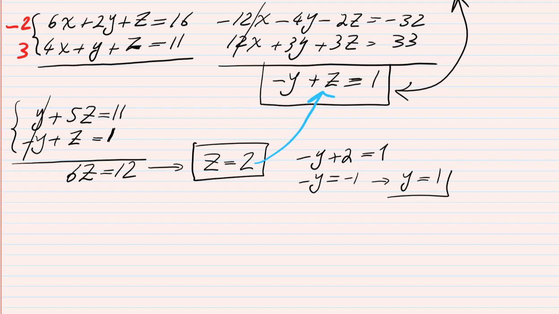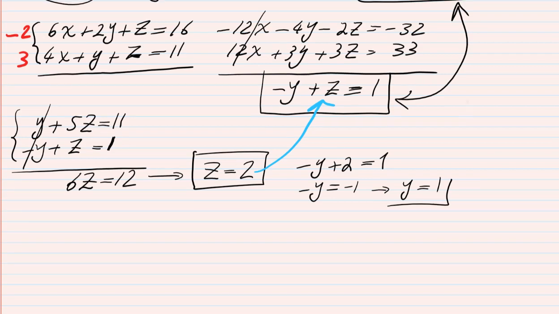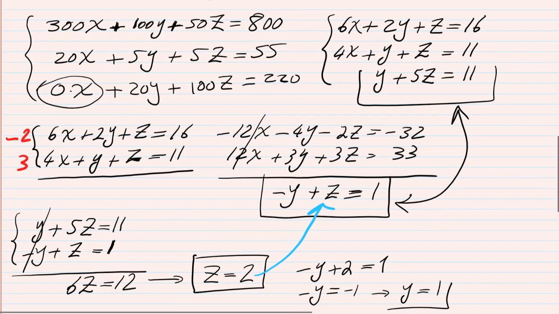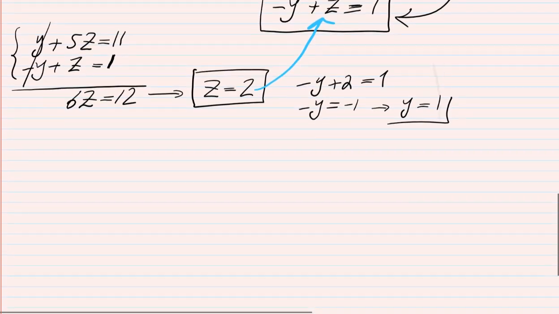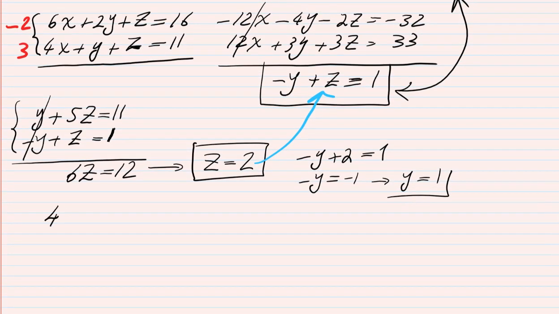And once we have the solution to y and z, we can back substitute into, let's say up here, either of those two equations. The easier of the two is what? 4x plus y plus z equals 11. So that's the one I'm going to plug into. 4x plus y plus z equals 11.